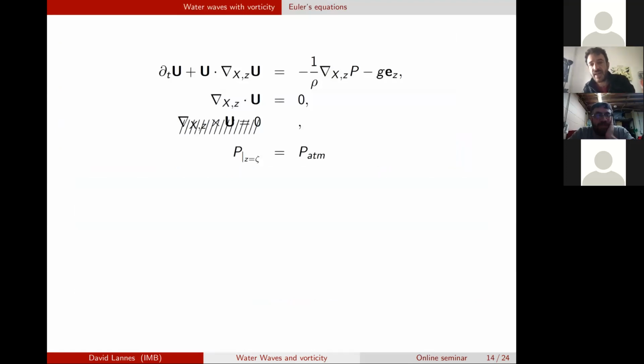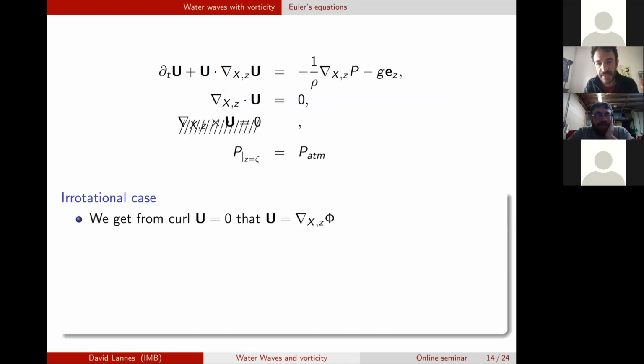Going back to my previous approach, I start from the Euler equation, exactly the same equations, except that I remove the irrotationality condition. So what can we do to handle this more complicated case? In the irrotational case, we had really used the irrotationality equation because we said that u was the gradient of a velocity potential.